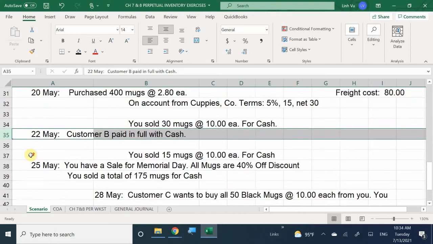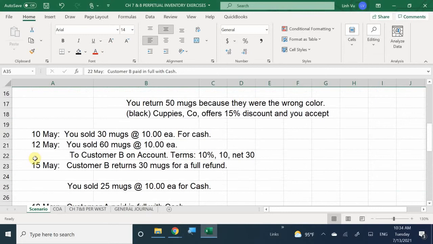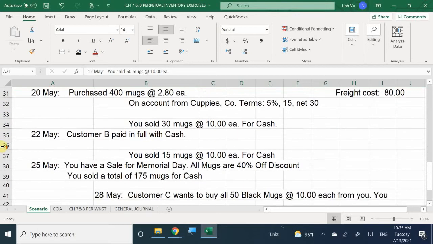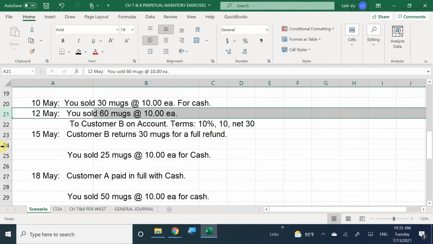So let's take a look at when we actually sold to customer B. So we sold to customer B on the 12th. Here we were given terms. Did they meet the terms? Yes, because we sold on the 12th. They have until the 22nd, 10 days till the 22nd. And guess what today is? It is the 22nd. So yes, they meet the 10% discount.